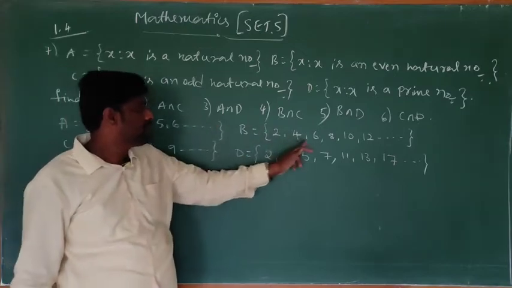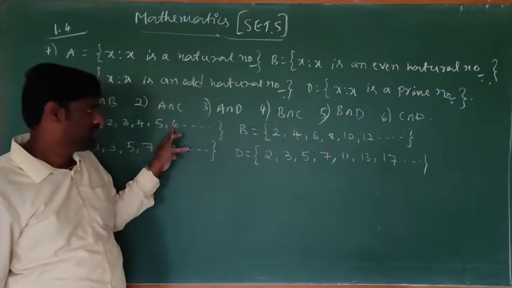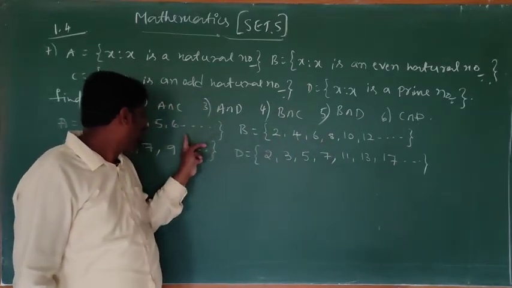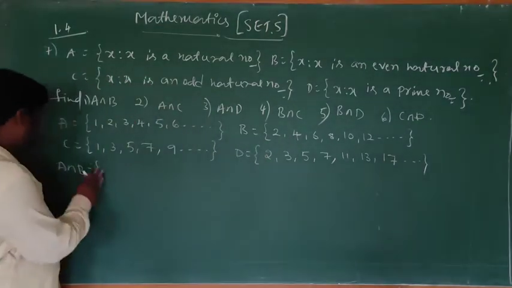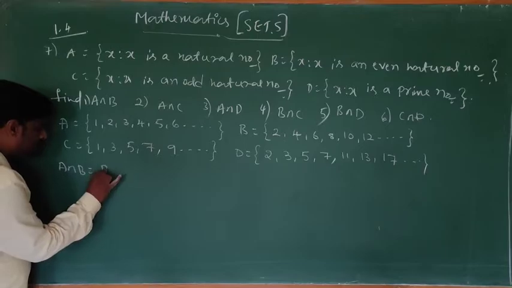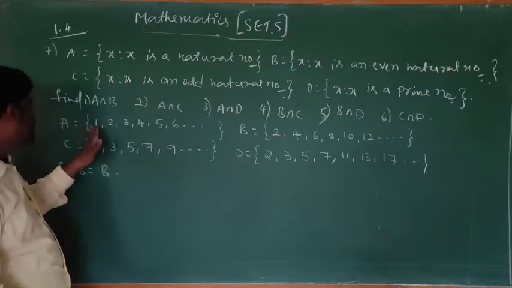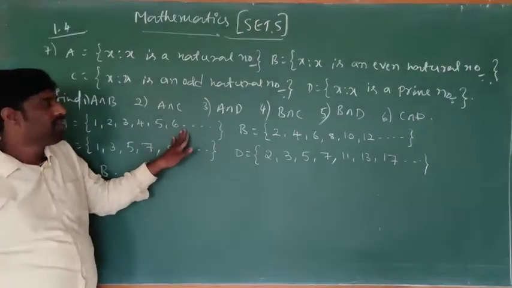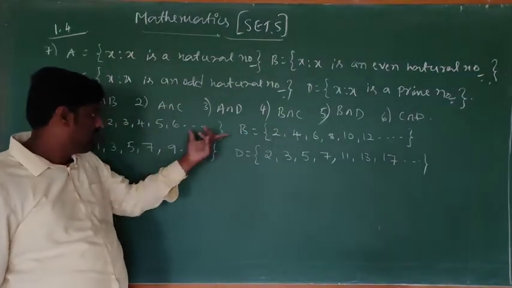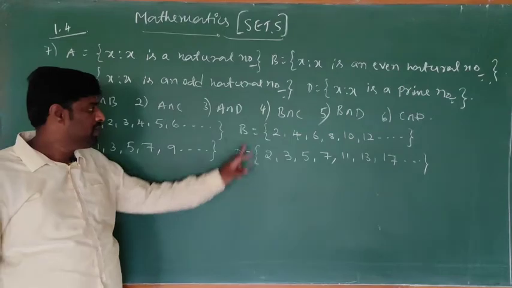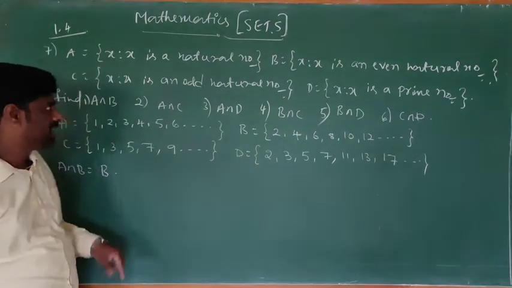Here 6 is there, here also 6. Here 8 is there, and so on. That means A intersection B is equal to B, because here also even numbers are there. The set here is even numbers, so the common part of A and B is the even natural numbers, which is the B set.